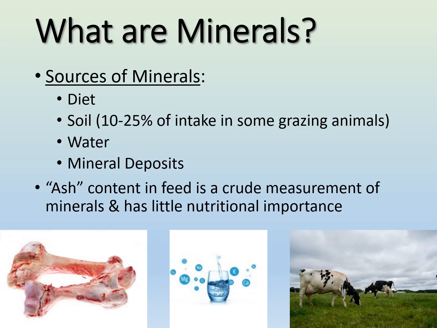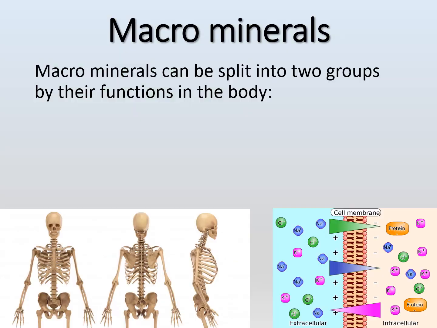It has a very small nutritional importance, but it is how we measure how much minerals we have in an overall feed, but we break that down further into either percents for those macro minerals or the parts per million for the micro minerals. But the ash is kind of the overall content of minerals because it's the inorganic material in the feed.